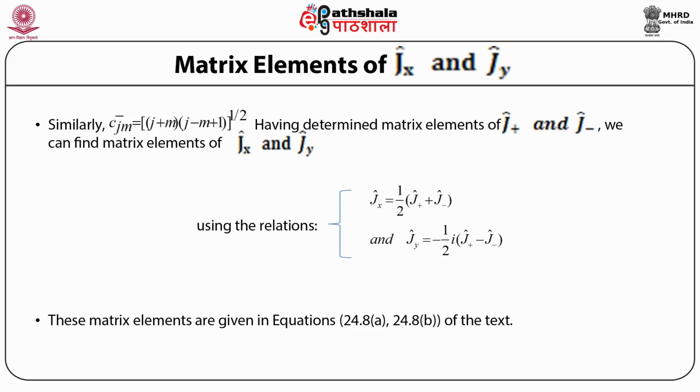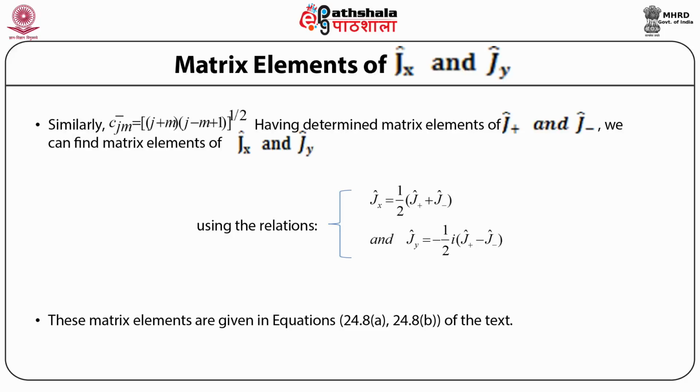And similarly, we can also find out the value of the constant Cjm minus, and this turns out to be equal to, within brackets, j plus m into, within brackets, j minus m plus 1, whole to the power half. So in this manner, we are able to determine the values of both these constants C plus Jm and C minus Jm.